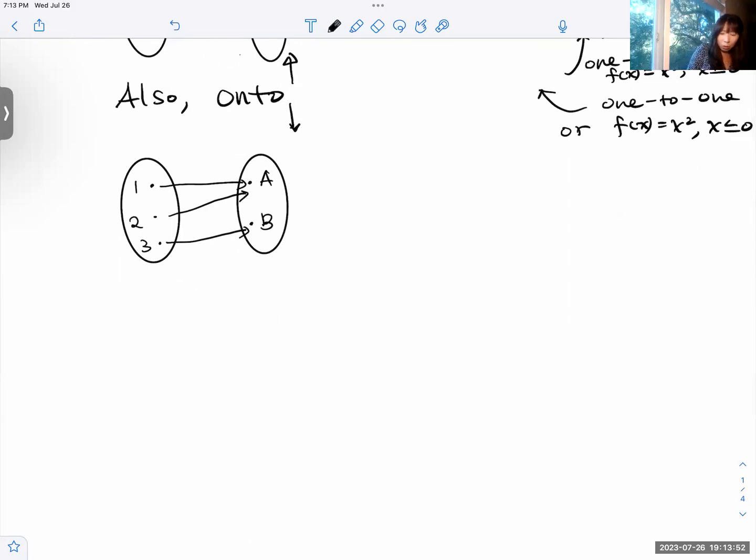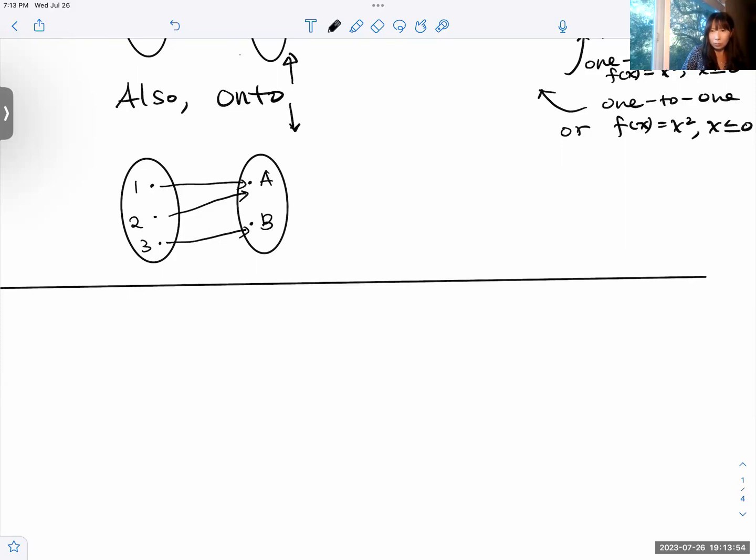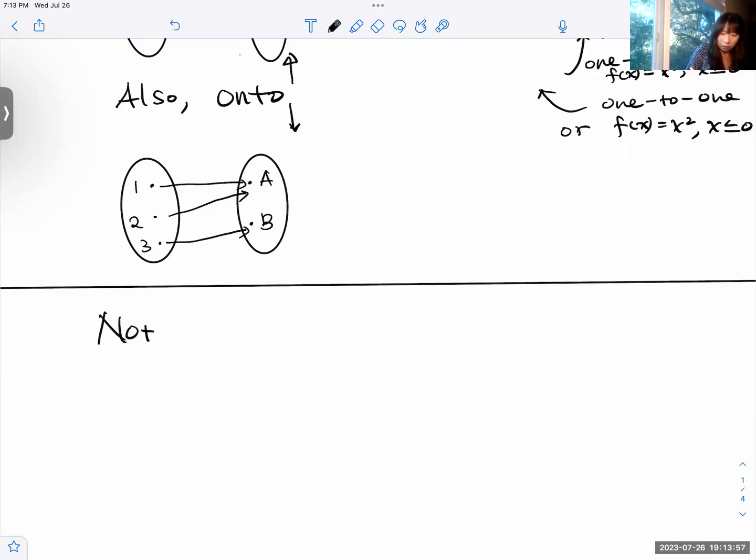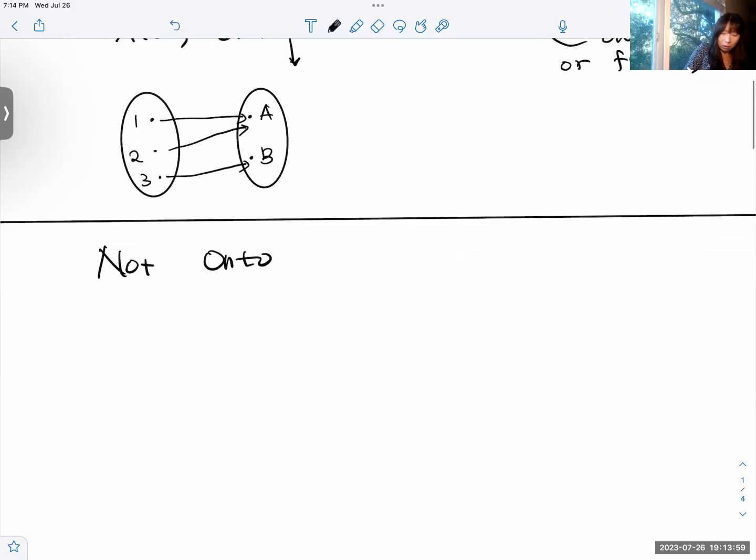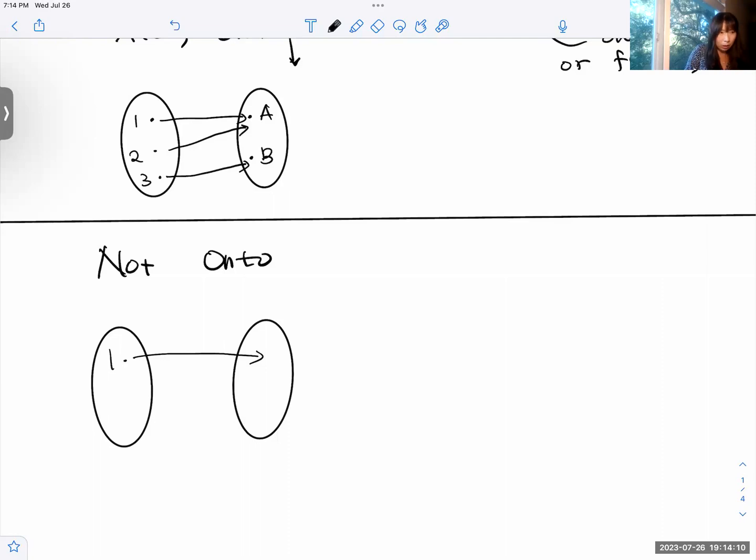Okay. This is not onto. 1, 2, 3, A, B, C. So 2 sends to B, 3 sends to B. C does not have anything, right?